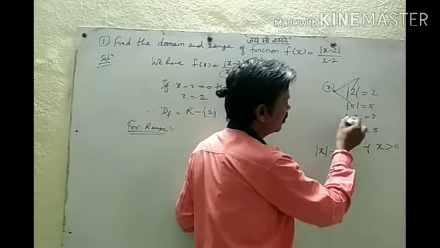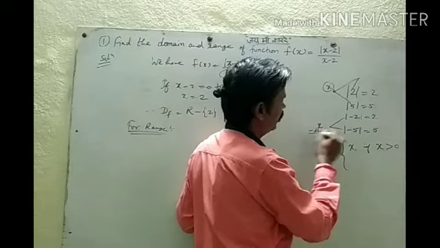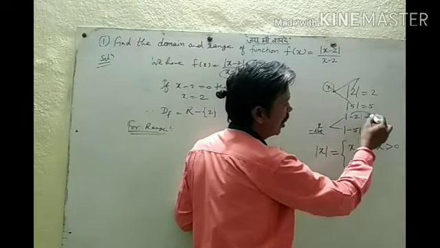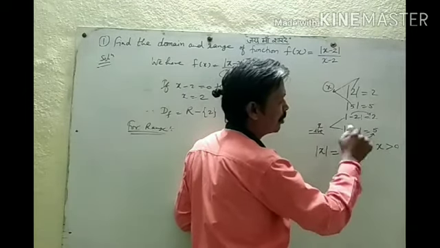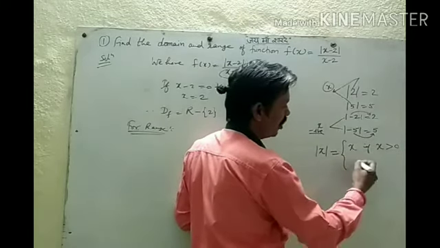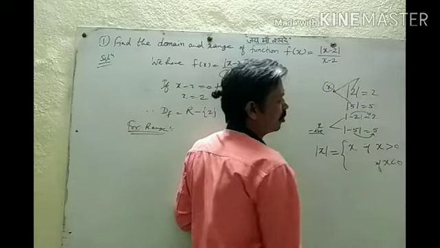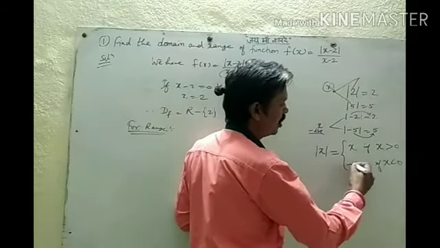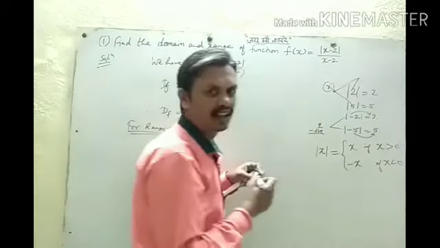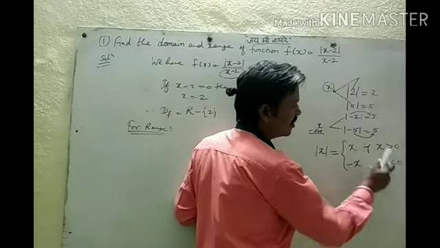But in this case, x is negative, and its absolute value is positive, meaning it is the negative of this negative. So if x is negative, less than 0, then mod x will be minus of x. The value of mod x will be minus x when x is negative.